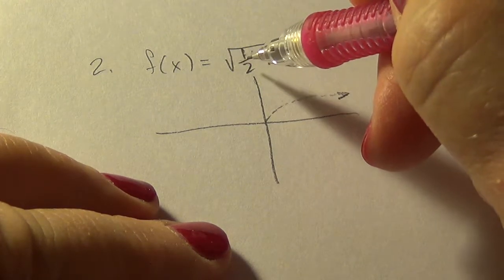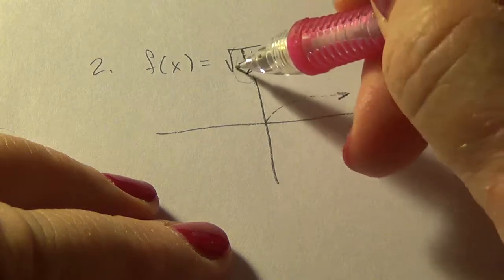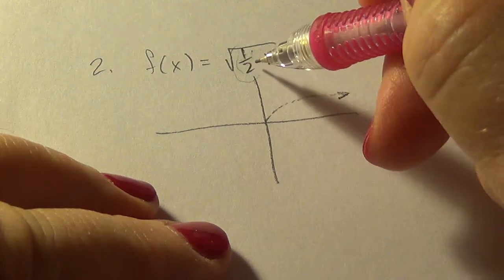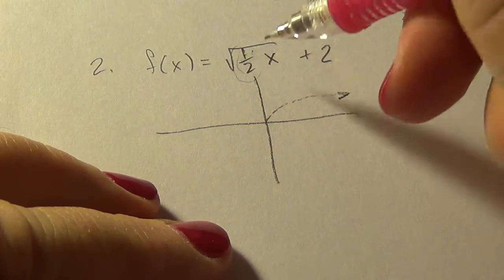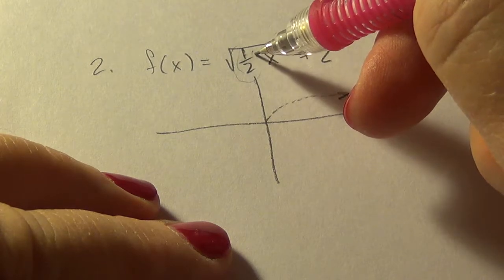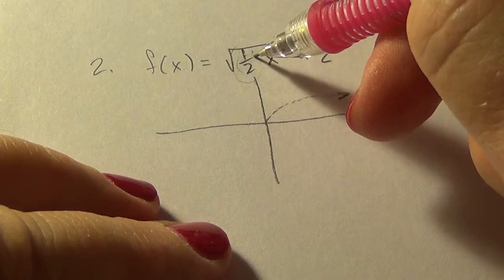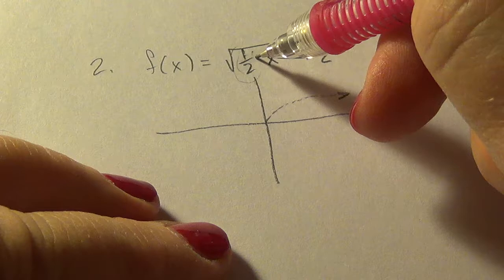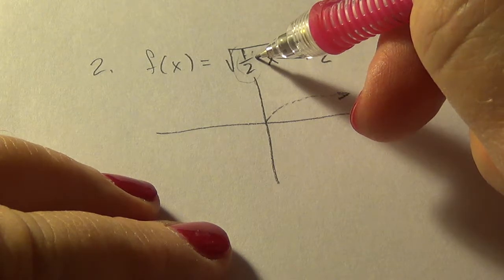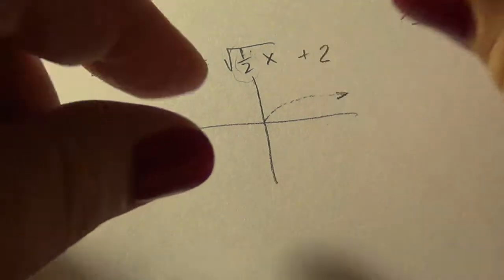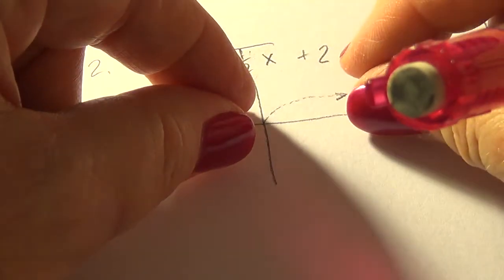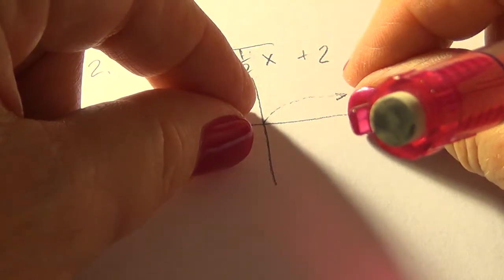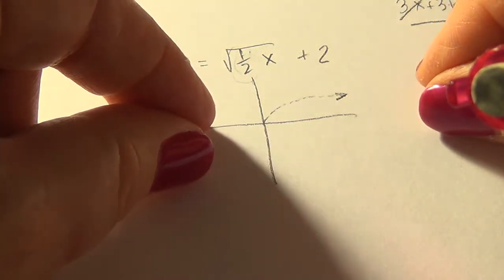And we have to remember that this 1/2 is inside the function, so it causes a horizontal change. And when it's less than 1, between 0 and 1, it is a horizontal stretch. So I'm going to take this and we're going to stretch it horizontally. So we're going to pull it like this.